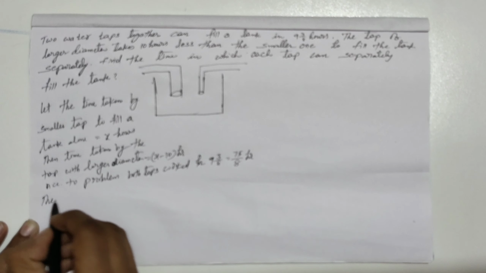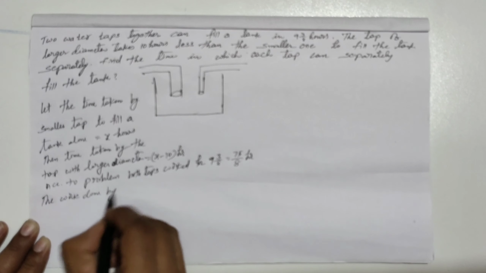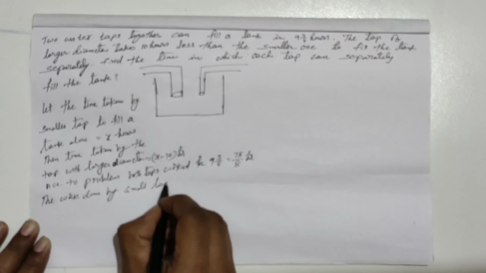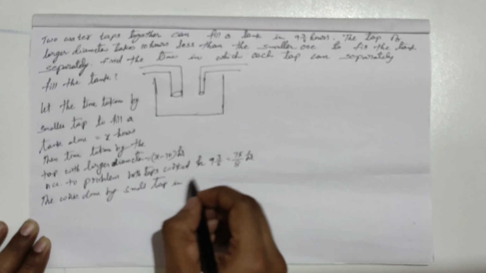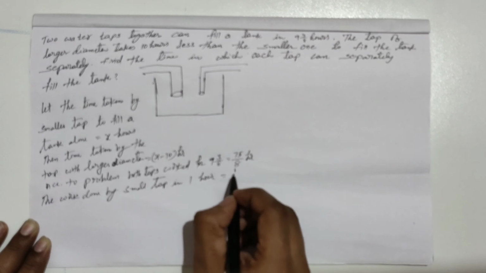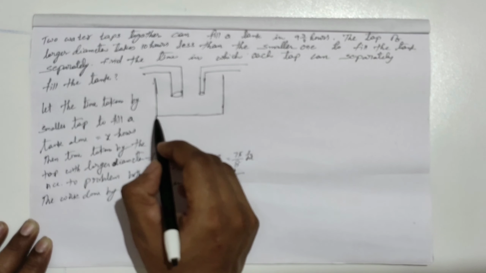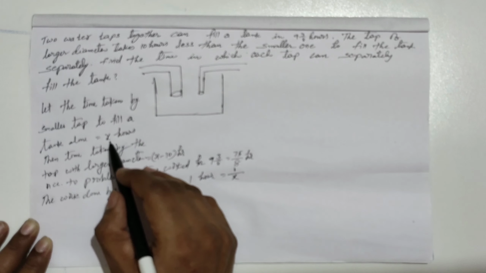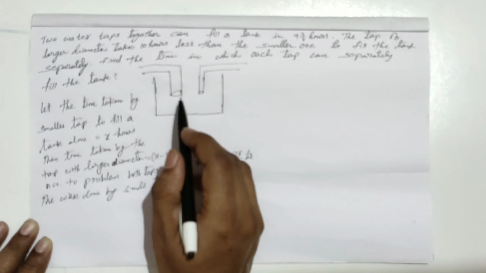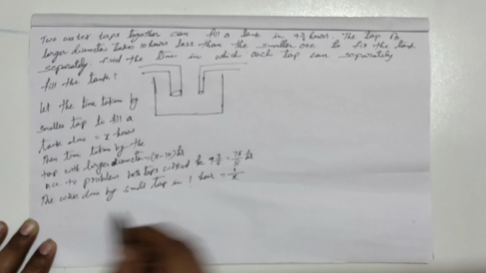Now the work done by the small tap in 1 hour is taken as 1 by x. Why? In x hours it can fill the tank separately alone. So in 1 hour the work done by it is 1 by x.